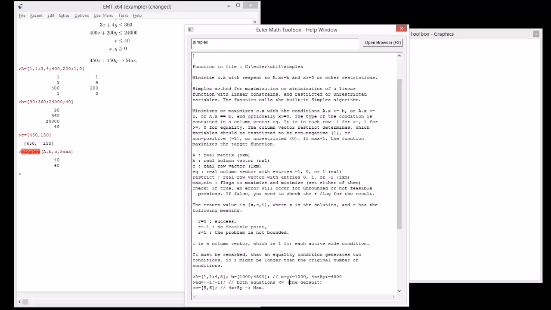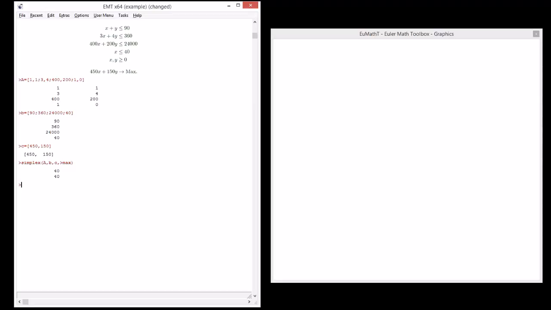As you see, we minimize under the condition A times the vector less equal B, or greater equal, or equal, and the condition x greater equals 0. Later I will show you how to enter A, B, C from a file.